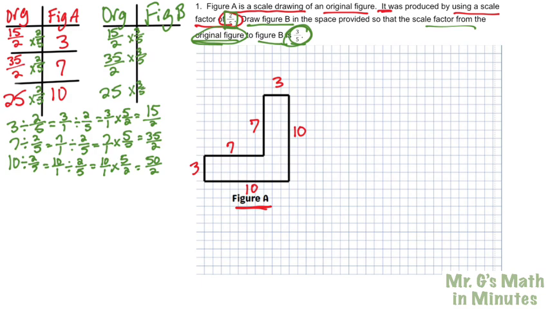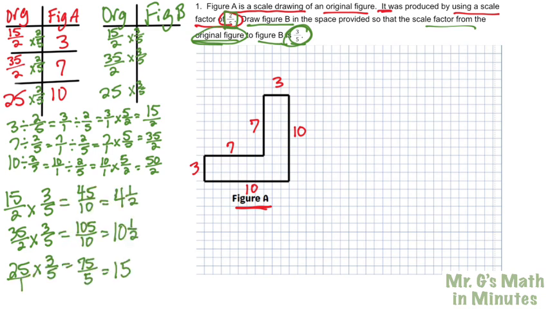So I'm going to take that 15 halves and multiply it times 3/5. I'm going to take that 35 halves and multiply it times 3/5. And I'm going to take that 25 and multiply it times 3/5. So these are now my numbers for my figure B.